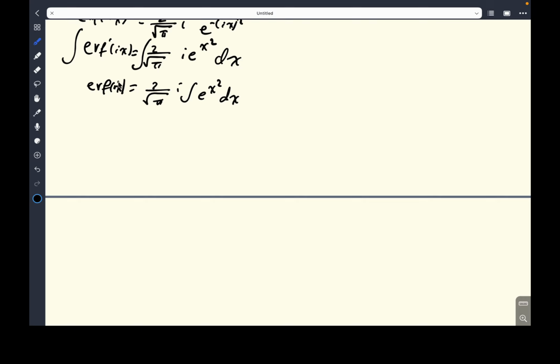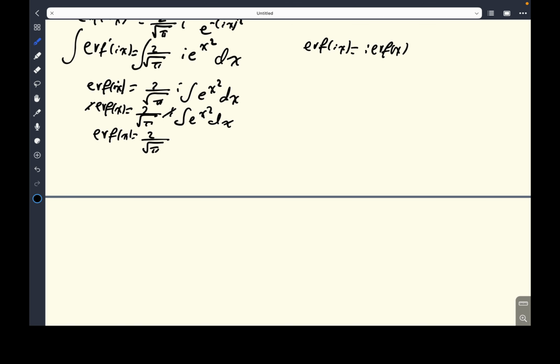And erf of ix can be written as i times erf of x. Thus, i erf of x equals 2 over root pi i times the integral of e to the x squared dx. The i's are going to go away, and erf of x is going to be 2 over root pi times the integral of e to the x squared dx.